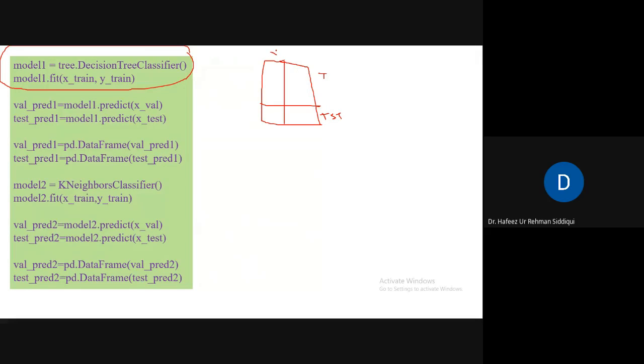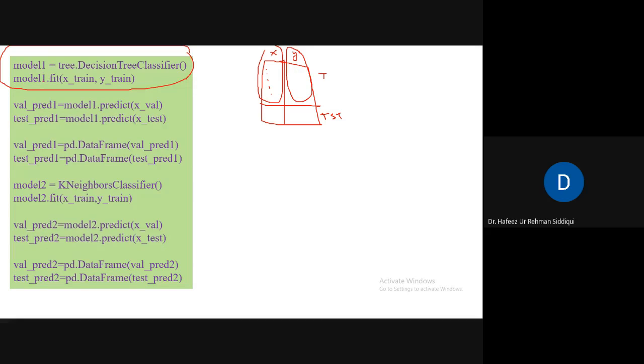These are the X values and these are the Y values. Y are normally labels and X are the points. So these are the X points and these are the labels.